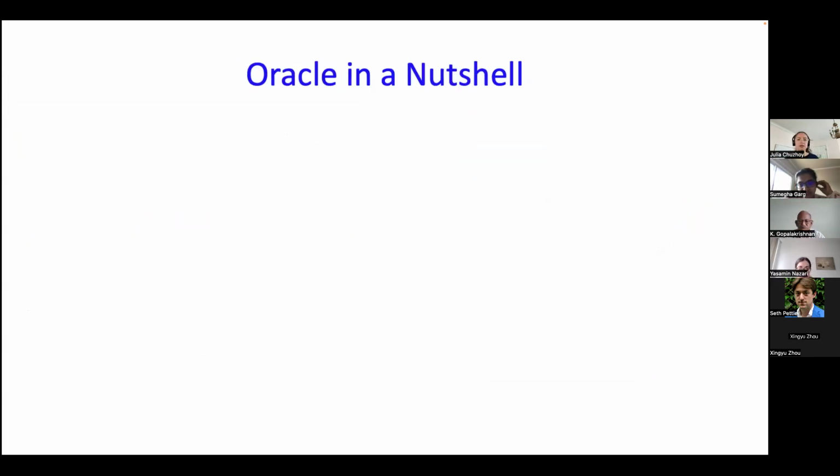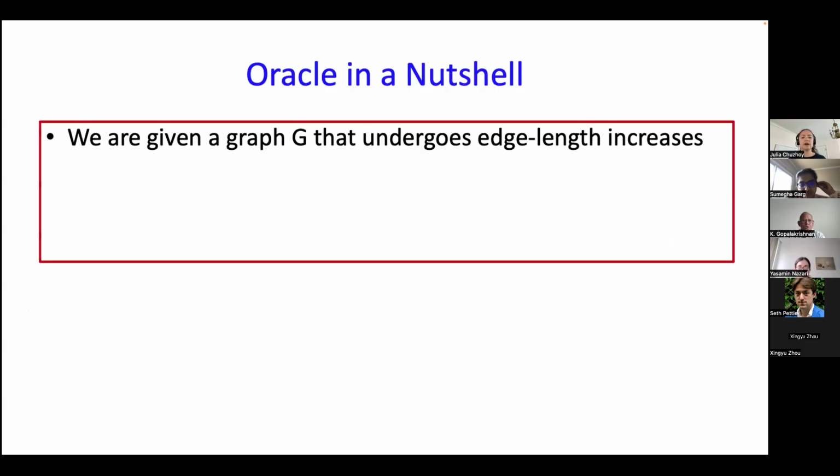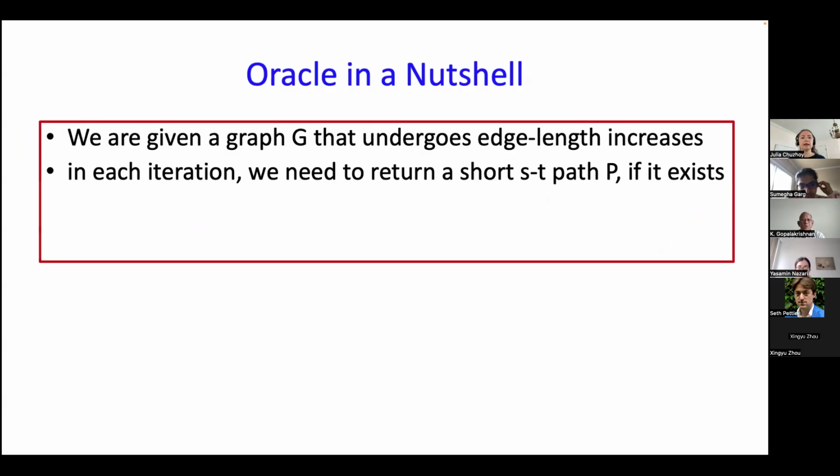So in a nutshell, what do we want this oracle to do? The oracle is given a graph, and this graph undergoes edge length increases. And then in every iteration, we want this oracle to return a short S to T path if it exists. And I'm going to say that when it returns such a path, it responds to a query. So the query is, give me a short ST path.